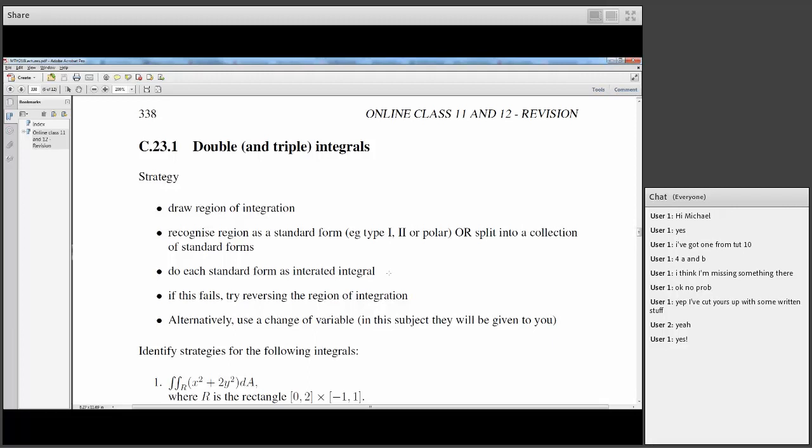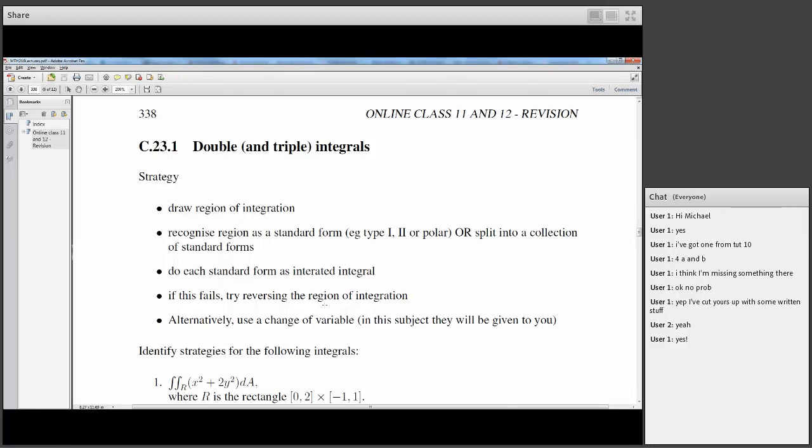Sometimes when you do that, you get stuck. So be prepared to realize that, no, this is actually getting hard. I need to do something else. So a backup option, if it's not working, is to try reversing the region of integration. That's a possible outcome if it's both a type 1 and a type 2 region, so you can do both.